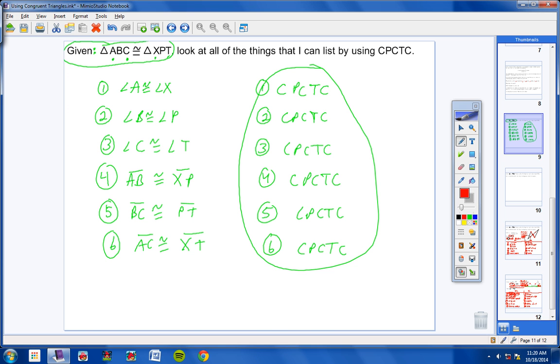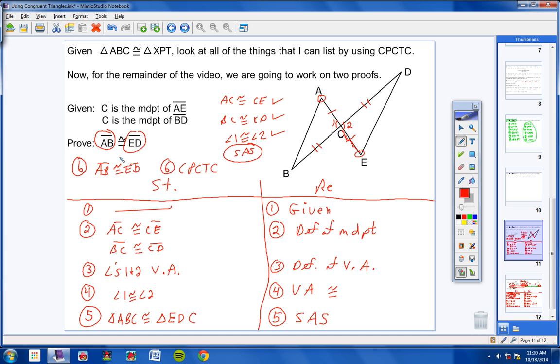Then we looked at a proof in which, in order for us to prove that 2 segments were congruent, we first had to prove that 2 triangles were congruent, which we did right here. And then once we proved those 2 triangles were congruent, we could then state that those 2 segments were congruent.